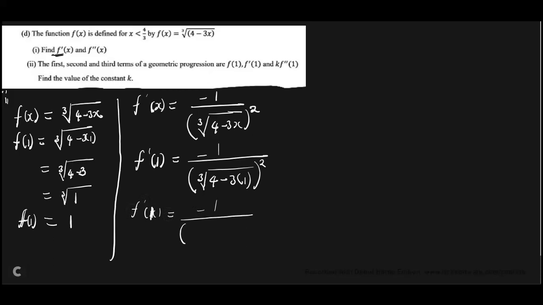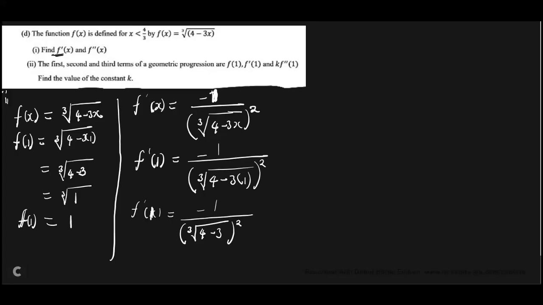So in that situation, it will be 4 minus 3 again, squared, right? So the second derivative here, we had 1 again, right?